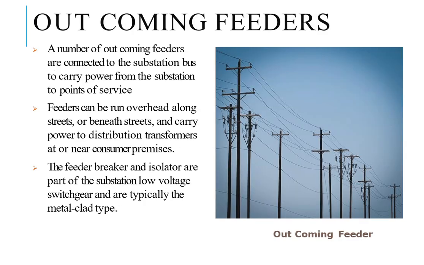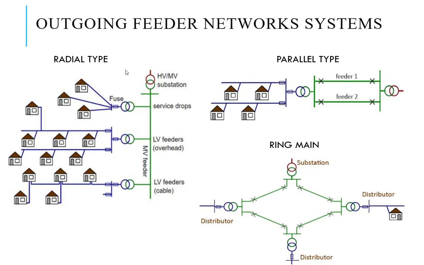Outgoing feeders are the lines which supply electric power to the users. They can be radial type, parallel type, or link main. The radial type distributes power through a single connection, but the parallel type consists of two wires connected in parallel to the main substation transformer, whereby if one supply line fails, the other can supply.